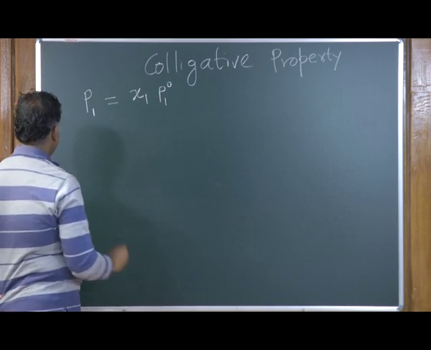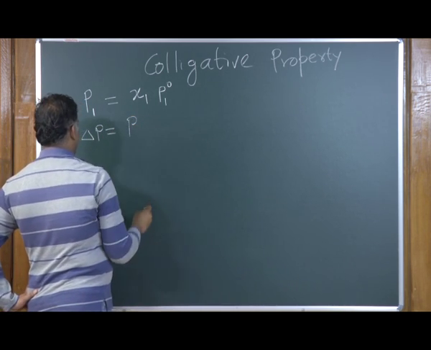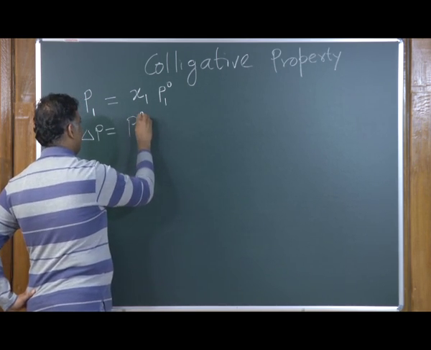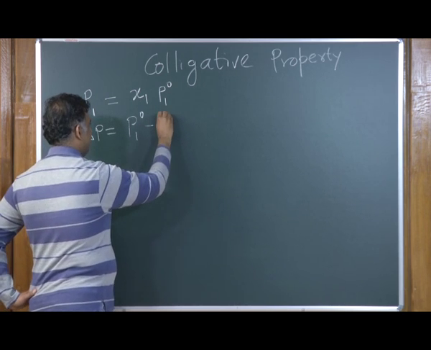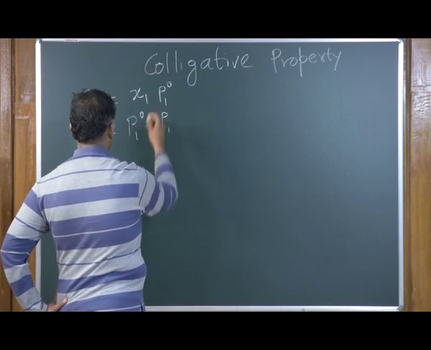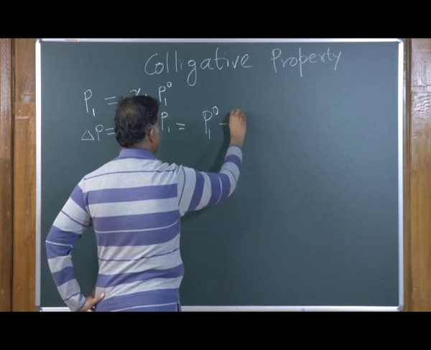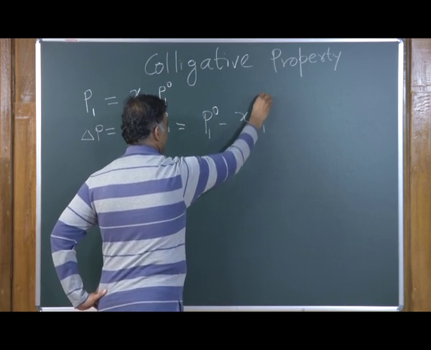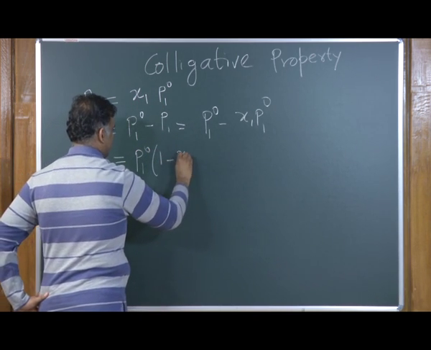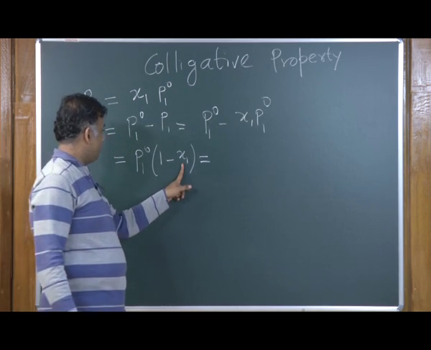Of course, the change in vapor pressure can be written as the vapor pressure of pure solvent minus the vapor pressure of solvent in solution, and replacing P1 from here, we are going to get P1 0 minus x1 P1 0, which is equal to P1 0 (1 minus x1), and we know this x1 is the mole fraction of solvent.